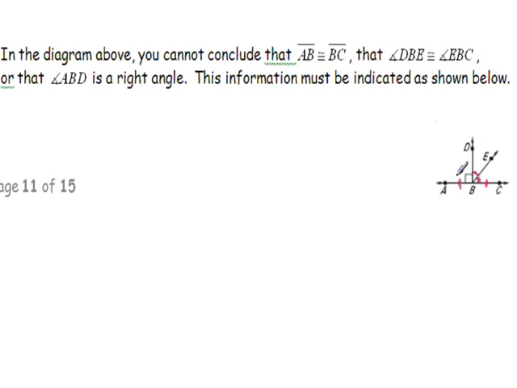I also can't say that ABD is a right angle, no matter how much it looks like it, unless I have this handy-dandy little box showing me that it is in fact a right angle. So remember, if I ask you why, because I'm always going to ask you to prove stuff, and the answer is, well, because it looks like it, I might have to mock you mercilessly.